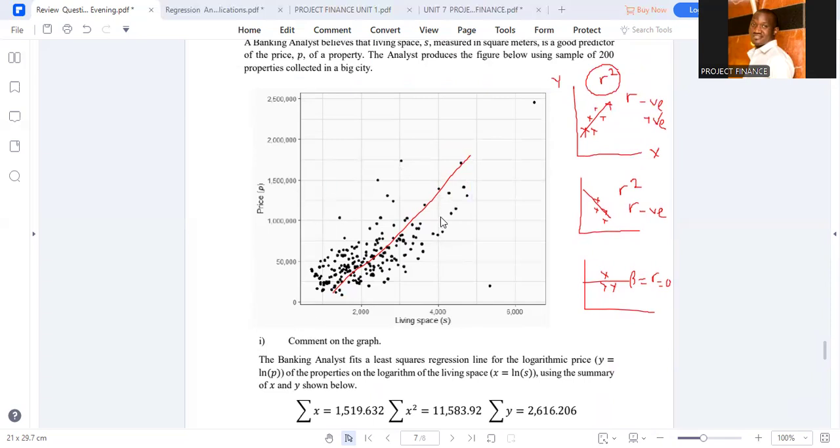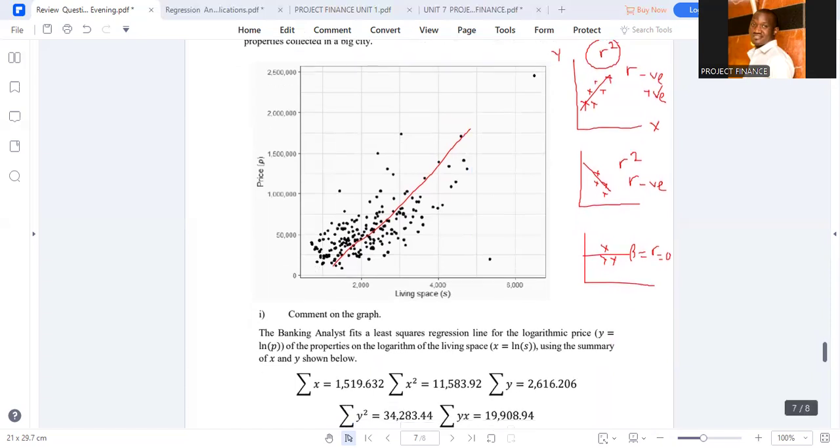We can see it's yes, but to what extent? The extent is when we find our R squared. If we find R squared as 0.8, it means that 80% of the variation in price is explained by living space, a key factor in determining the price of property.